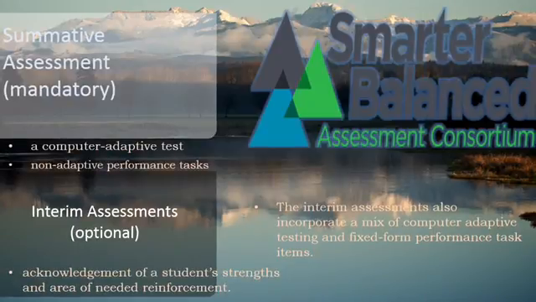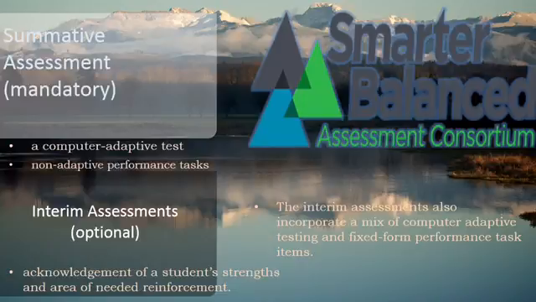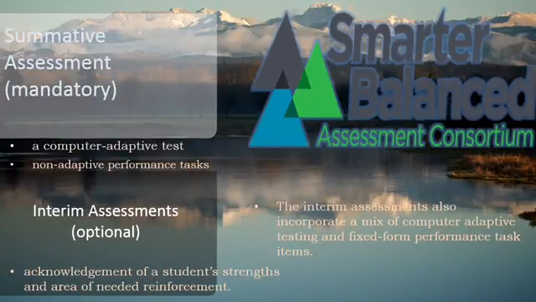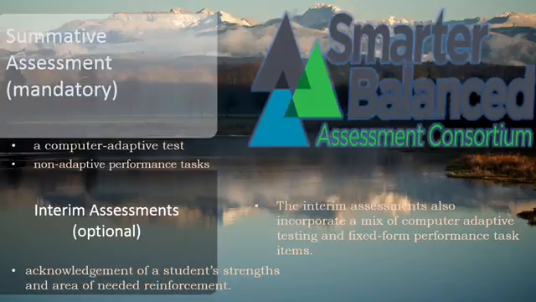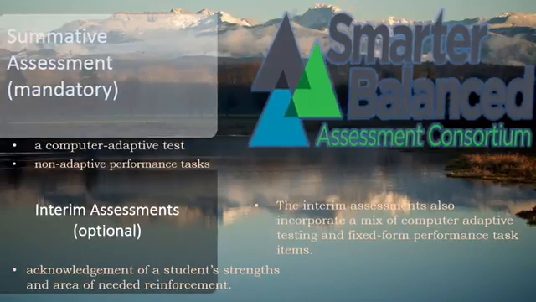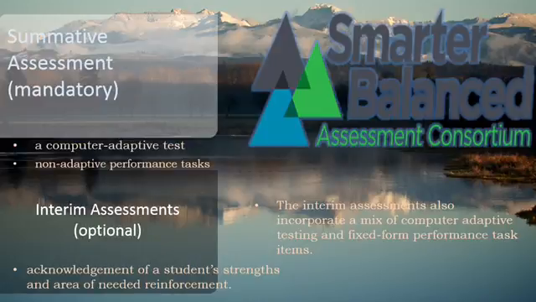The summative assessment is split into 2 sections, a computer adaptive test, or CAT, and non-adaptive performance tasks. These assessments will be administered during the last 12 weeks of the school year, and I'll touch on that computer adaptive test in a moment.